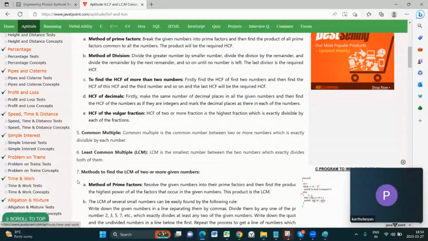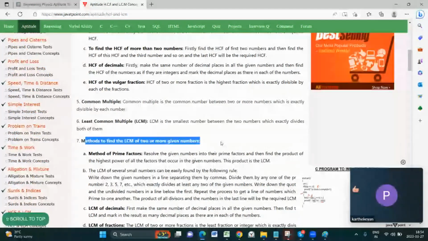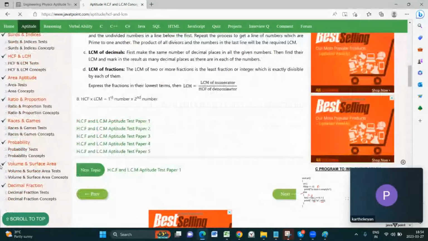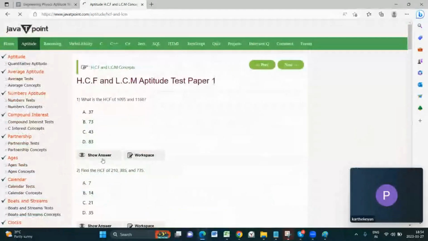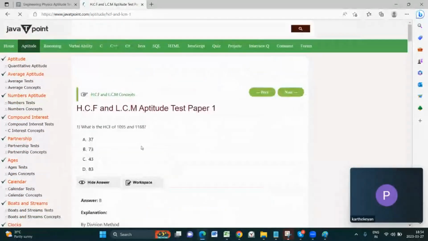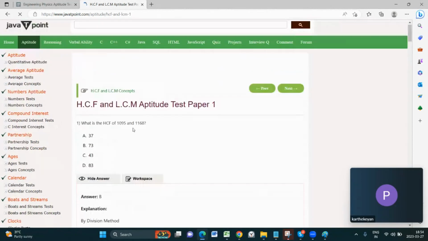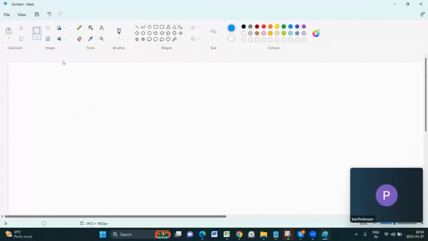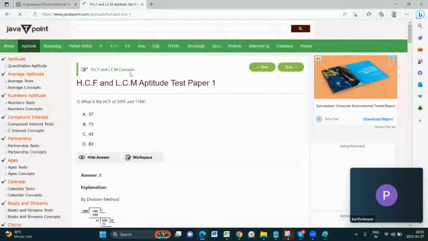So we have already found out the methods to find the least common multiple. Now we will do some problems. What is the HCF of 1095 and 1168? Let us take 1095 and 1168.